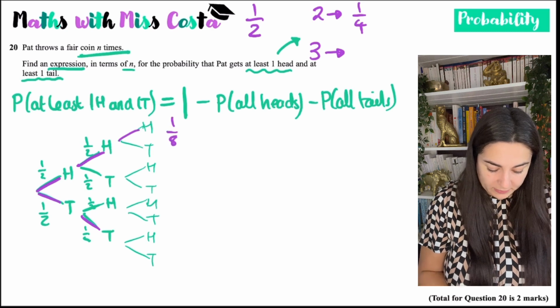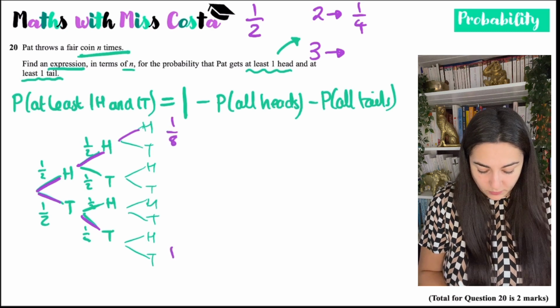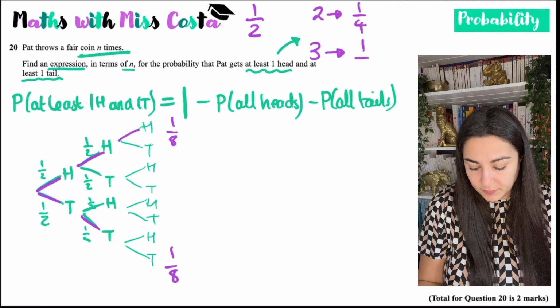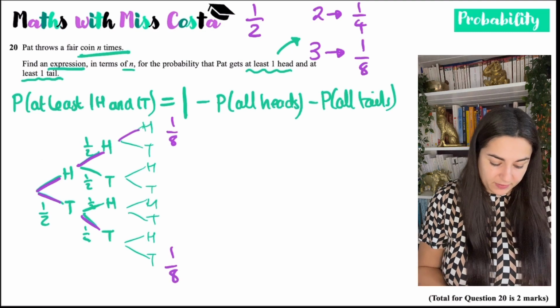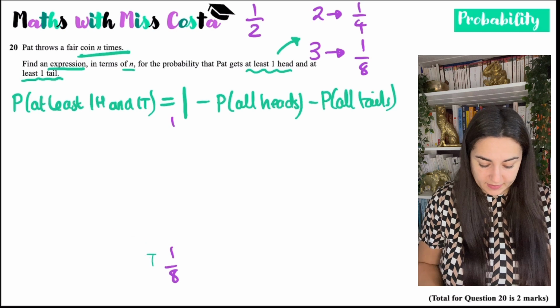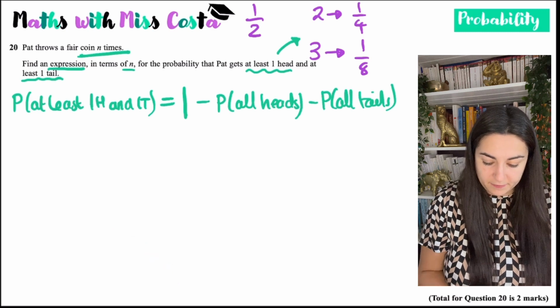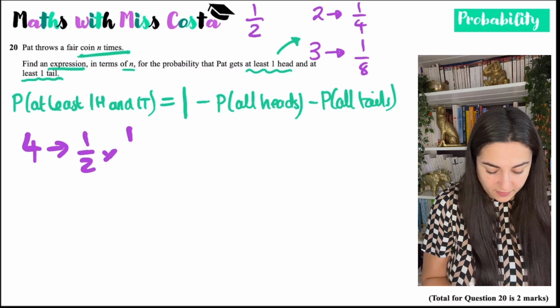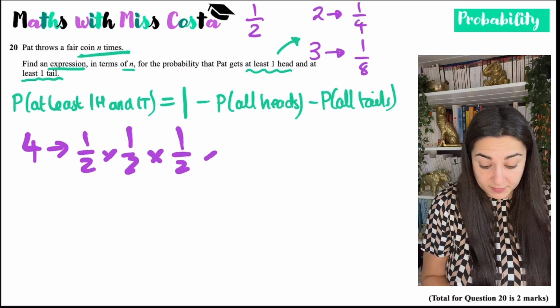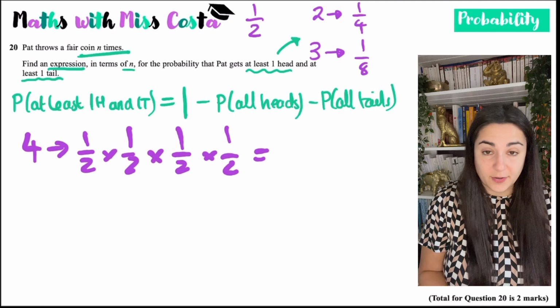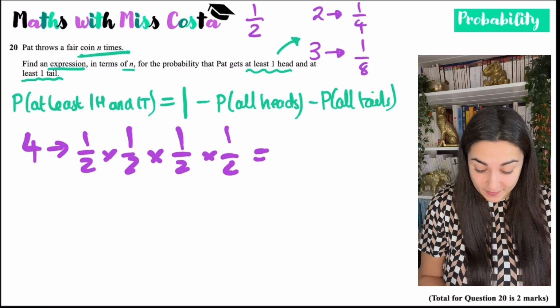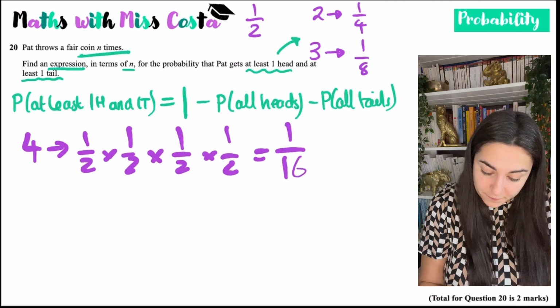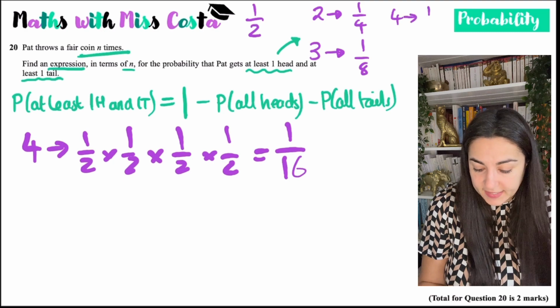And getting all tails would be a half times a half times a half, which is also an eighth. So 3 times would be an eighth. Now I'm just going to get rid of this tree diagram because hopefully by now you see the point of it. If I did it with 4 throws, I would do a half times a half times a half times a half. So that would be 2 times 2 is 4 times 2 is 8 times 2 is a 16th. Okay, so for 4 throws, it's a 16th.